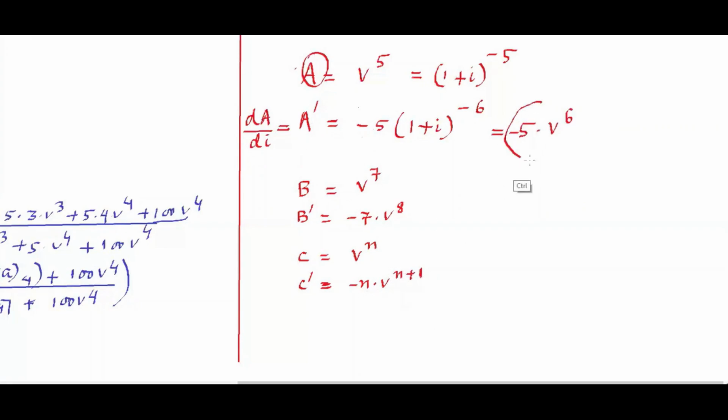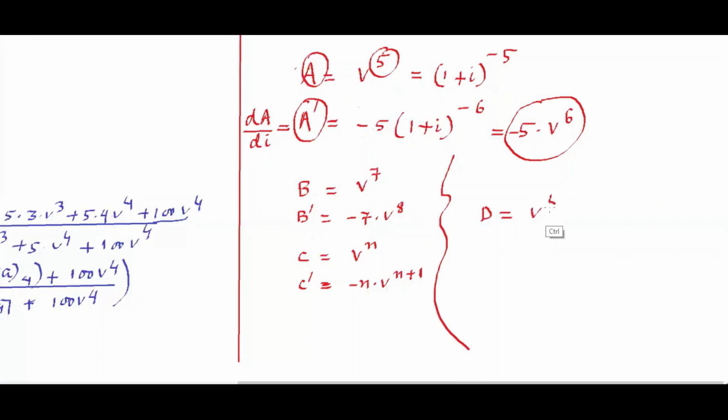You see, we got it here. This power comes here with a minus sign, then we are adding 1, because here a dash means dA by di, not dA by dV. That's the reason. Even let me write 3 terms here, how you can differentiate.